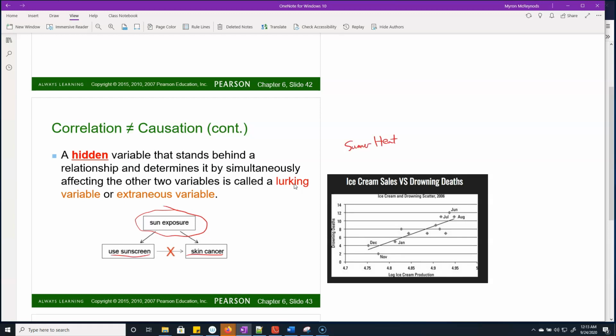Because in the summer, more people buy ice cream. And also in the summer, more people drown because more people are out swimming. So there's a hidden variable, a lurking variable that's actually behind this correlation. So you need to know that when you're dealing with correlations.